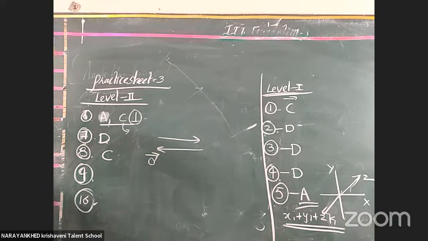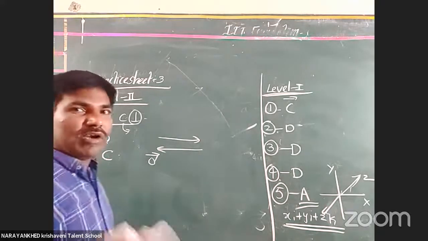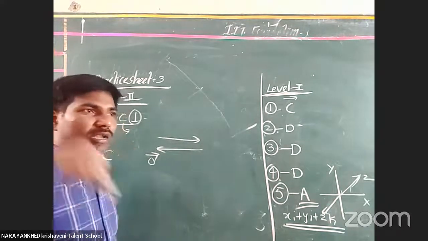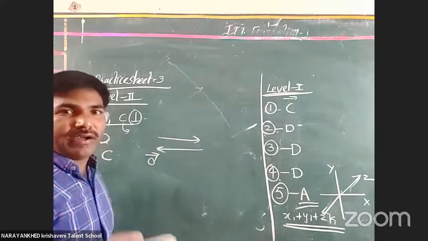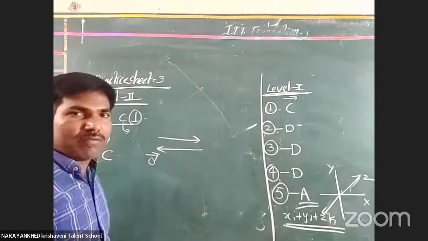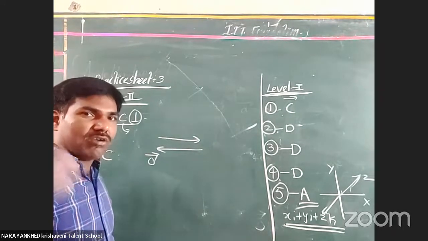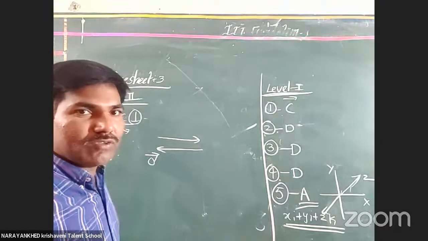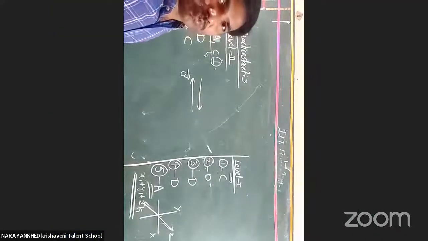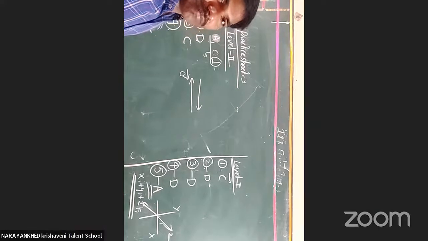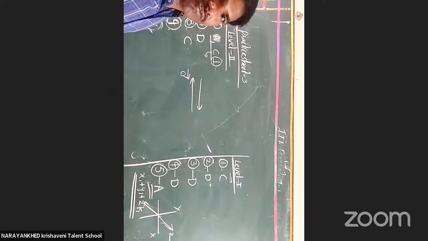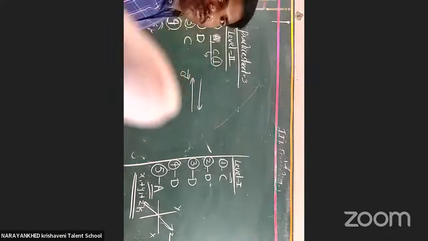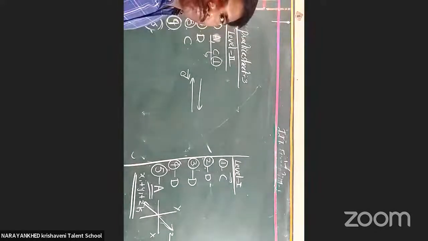The magnitude is zero, but the direction is undefinable. Direction is not determined by us. That is only called a zero vector or null vector. Got it or not? I hope you got it here.